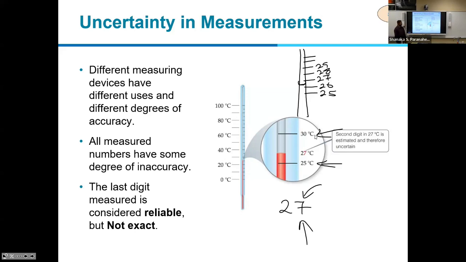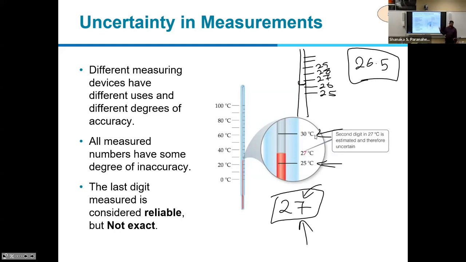Yes, we are going to record it as 26.5 because it is not on the 26th line or 27th line, it's in between both lines. Now you can see these are two different thermometers. This is more accurate because the gap is 1 Celsius. In this case, it's 5 Celsius. So that accuracy is represented by our reading. This has 1's place accuracy, and this has up to 10's place accuracy.